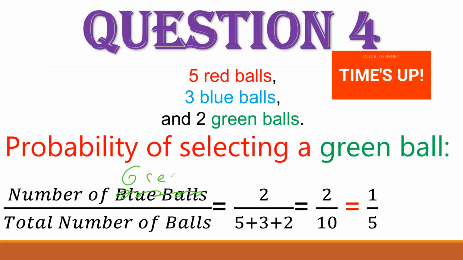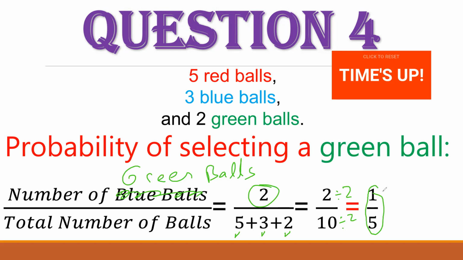So number of green balls is 2, and the total number is 5 red plus 3 blue plus 2 green, and the total is 10. After that, divide by 2 each, because you can simplify it, and then the answer is 1 over 5.